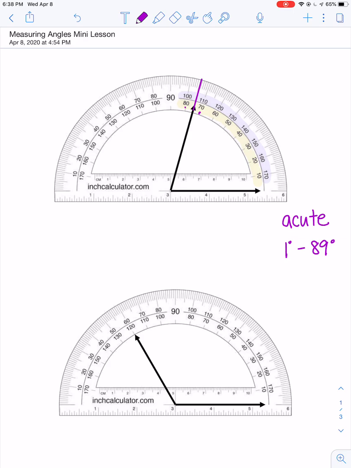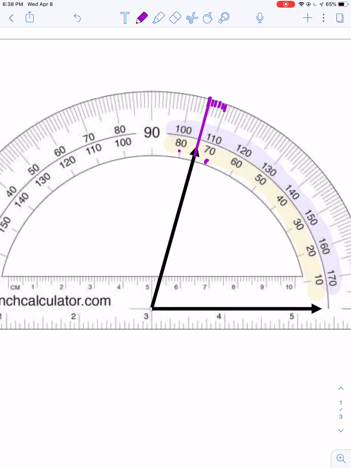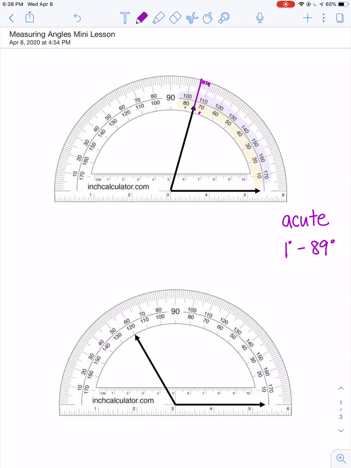Now, I can count or zoom in and count the specific degrees, so 70, 71, 72, 73, 74, 75, or I can recognize that 75 is the median or the middle number in between 70 and 80. So the measure of this angle is approximately 75 degrees. And that checks out with being a number that falls in between my range of 1 degree to 89 degrees.